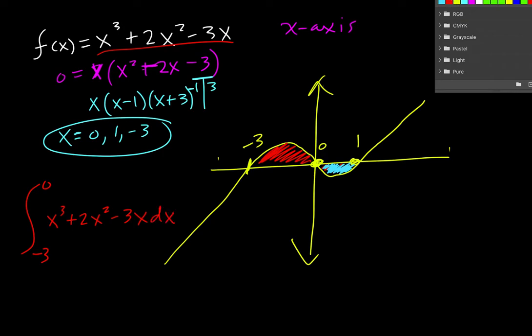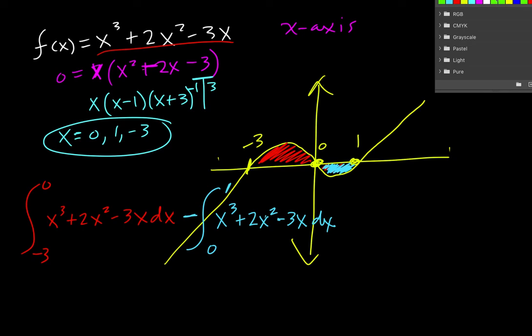And then the area represented by the blue is the same integral, just different limits of integration, and we want to make it negative, and that's going to be x cubed plus 2x squared minus 3x. Okay.